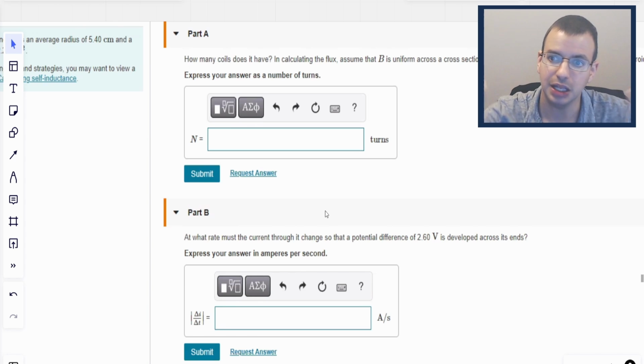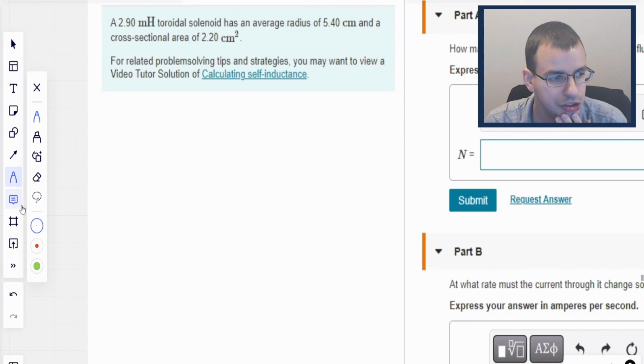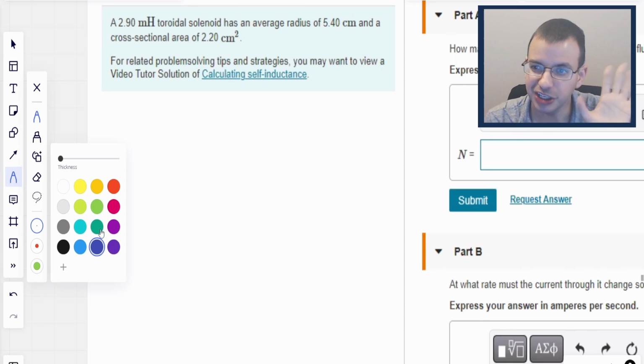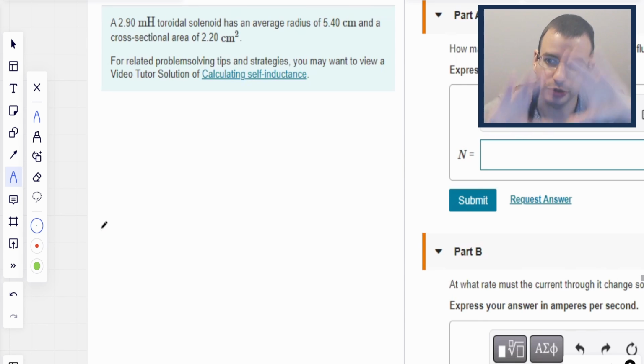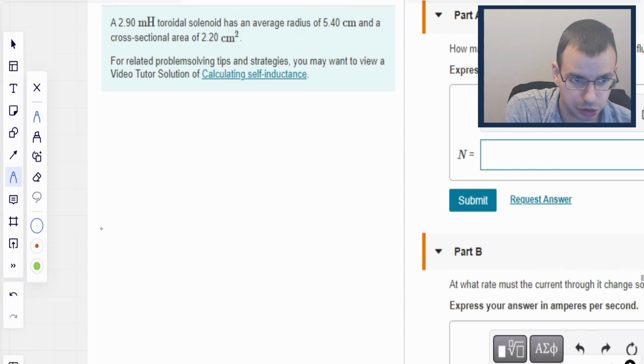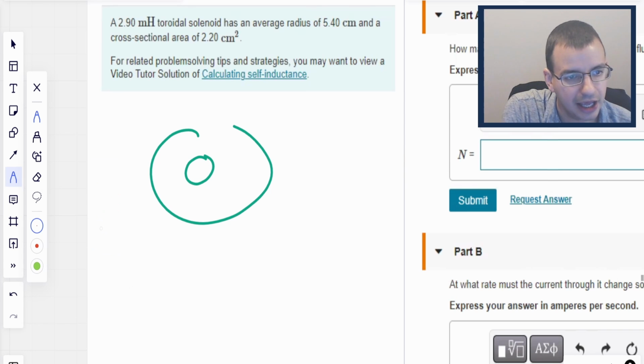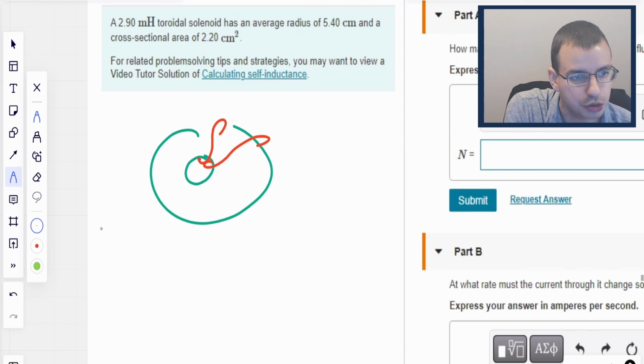Okay, there's a lot going on in this question. We're going to start by drawing a picture. What's going on here is we have a toroid, a donut. This donut has coils wrapped around it.